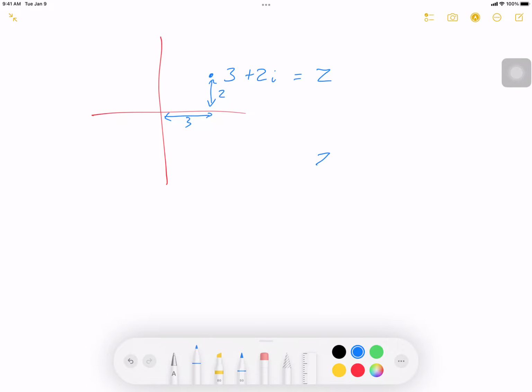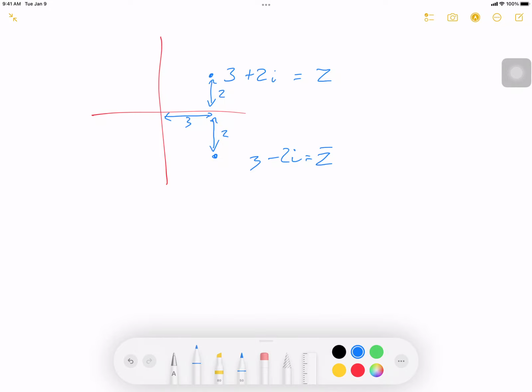So if I'm thinking about z dash, then that's going to be 3 minus 2i. Now you'll notice I've drawn it down there because obviously I'm going to go 3 across, but then I'm going to go 2 down this time. And what we notice is the symmetry that is coming from the very definition of what a complex number is.